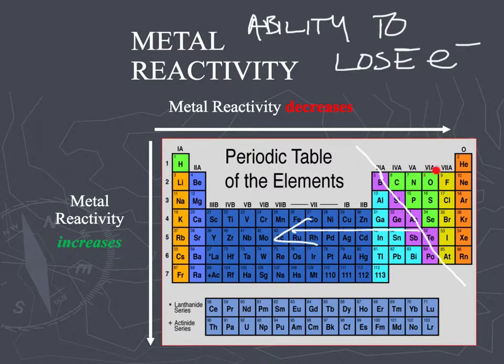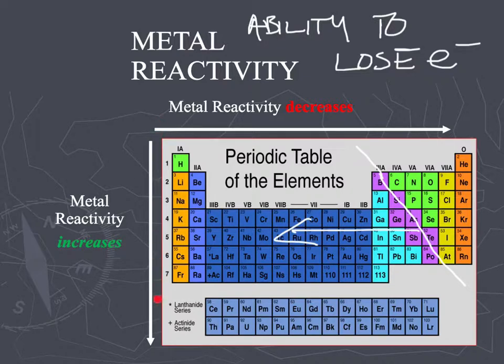It's easier for me to gain electrons to become more inert-like on this side than lose all of these electrons to go back this way. So elements like nitrogen, sulfur, bromine, chlorine, fluorine are all going to be very low in metal reactivity compared to things over here. So as you go across a period, the metal reactivity, or the ability to lose electrons, decreases.